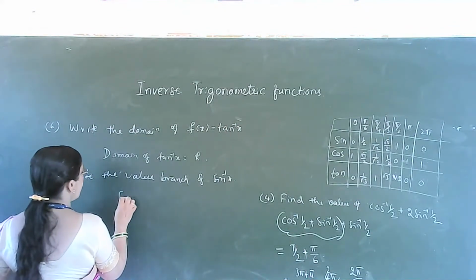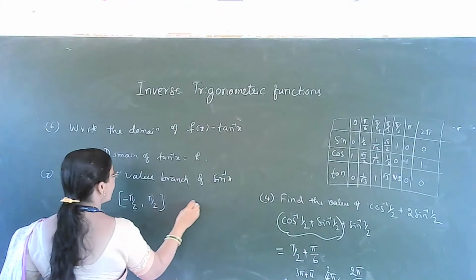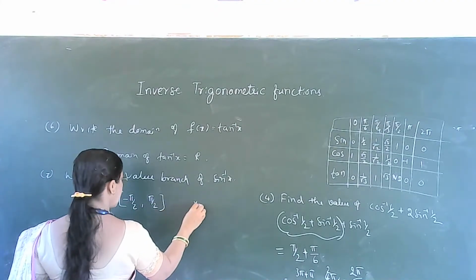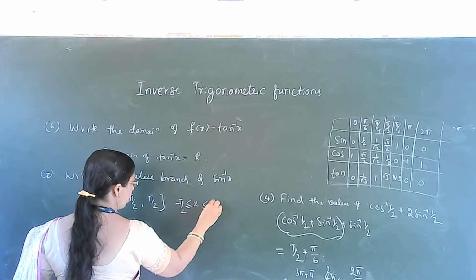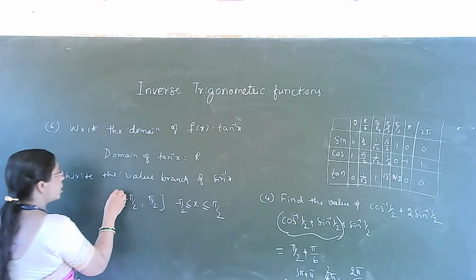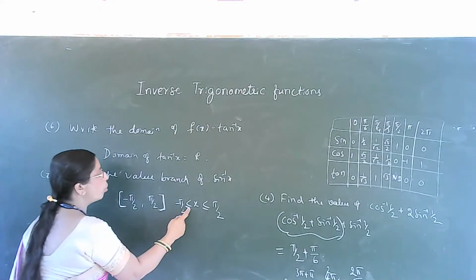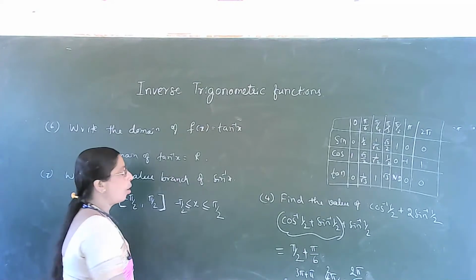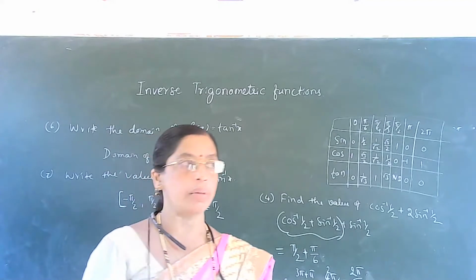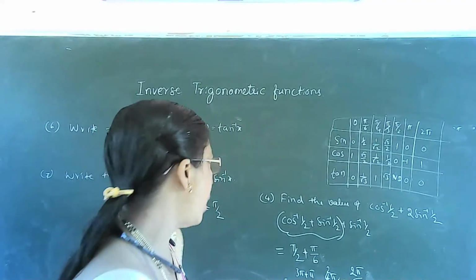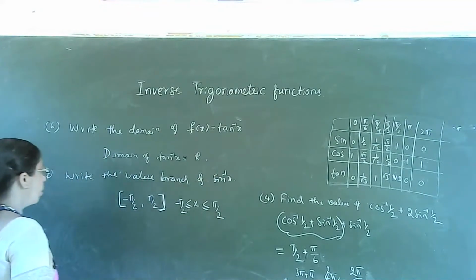Here the range of the function is minus pi by 2 to plus pi by 2, or you can write it like this: x is greater than or equal to minus pi by 2 and less than or equal to plus pi by 2. Because this is a closed interval, you should write less than or equal to. Otherwise, it becomes an open bracket, and pi by 2 and minus pi by 2 are not included.